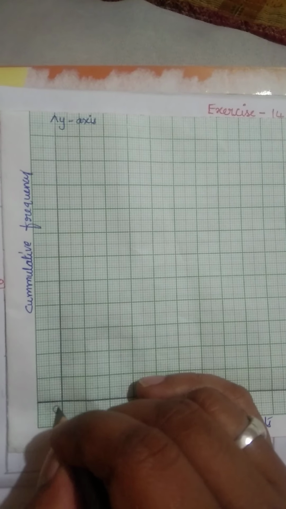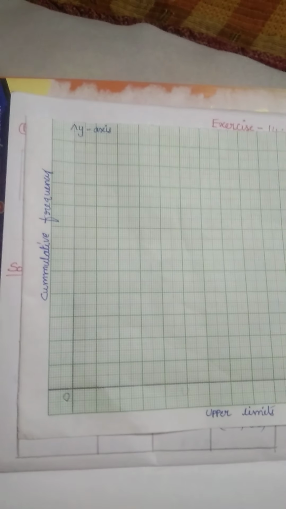So this is our graph, and the intersection of x-axis and y-axis is called as origin.